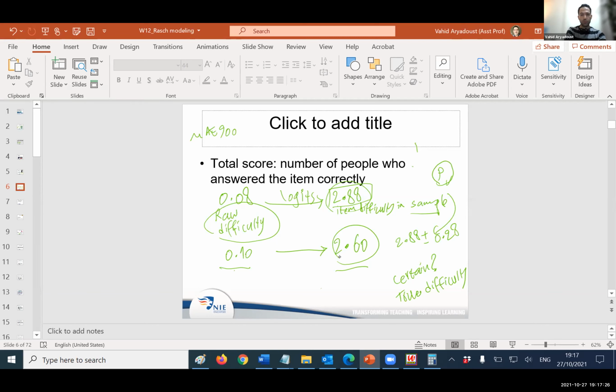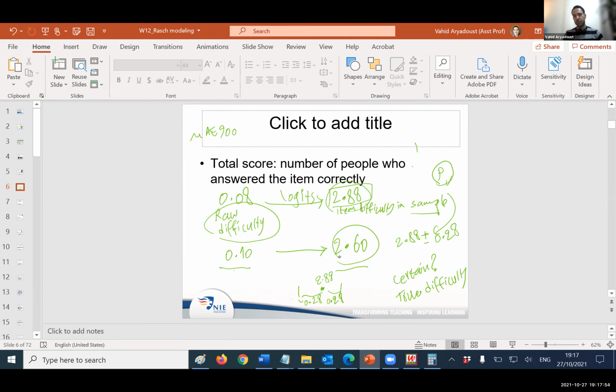So in my class it is 2.88, and in the population the difficulty falls within this range: 2.88 plus minus 0.28.